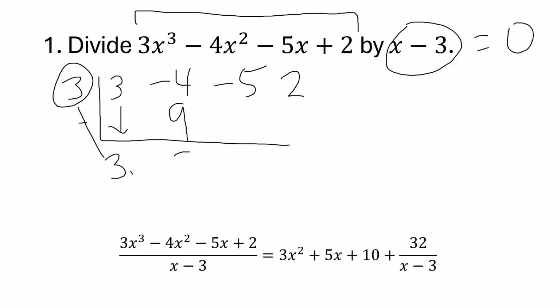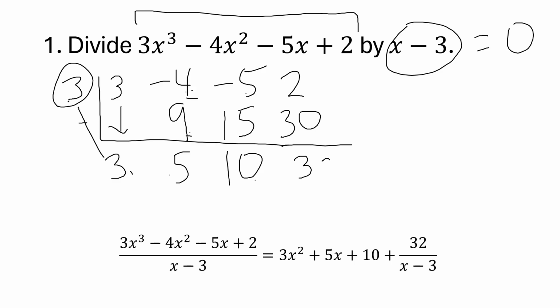So we get +5. So whatever is here, we are adding, here and here. Then this 5 times the 3, then you come and write it here. Then -5 plus 15, you write it here, 10. Then 10 times 3, 30. You write it here, 32.